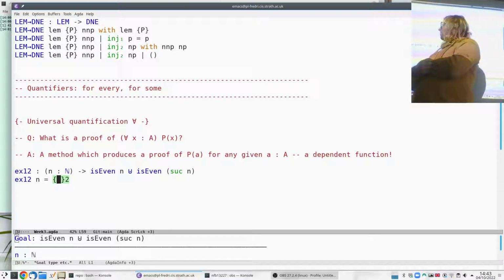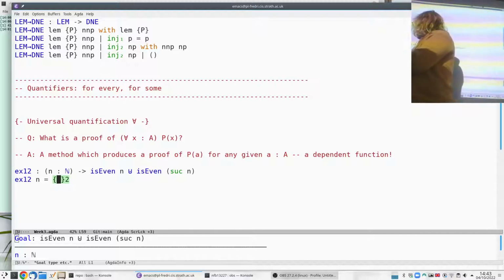So it's not a Boolean value function which says yes or no. We're going to say it's even, I'll give you the evidence that it's even, or it's odd, I'll give you the evidence.